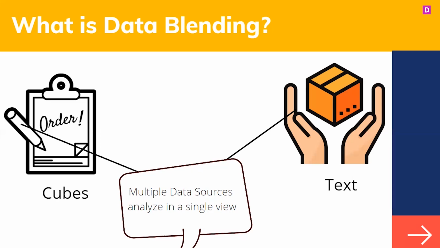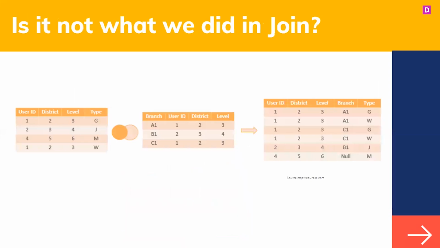That is what you call data blending. Most of the time we use joins for this kind of operation, but we need to understand how this is different from blending. Let's see that with an example.